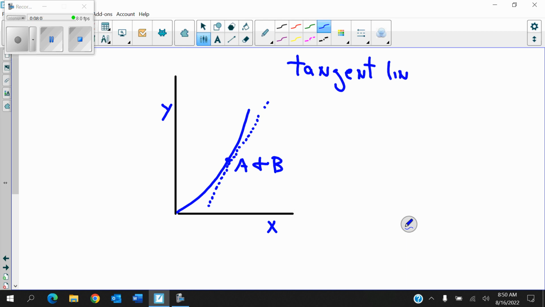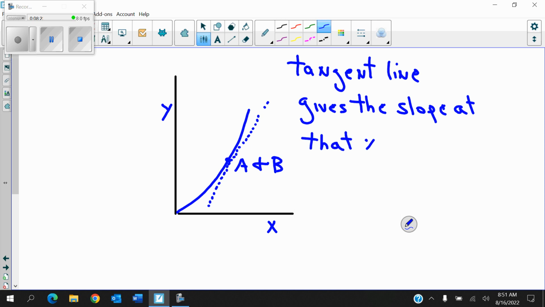And that tangent line gives a slope at that X value. Newton saw this back in the 1700s.